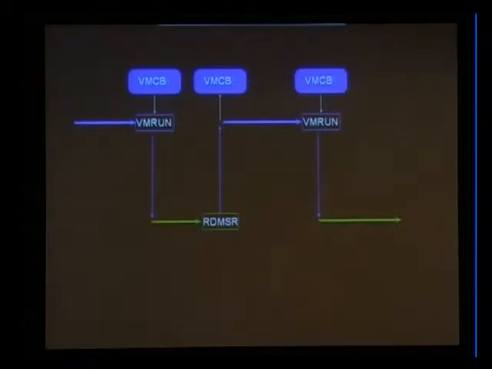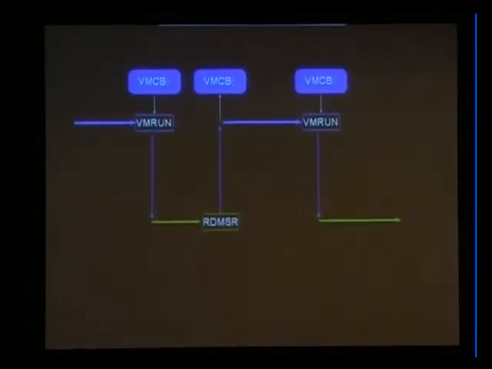The main instruction is called VMrun, and it takes a pointer to a VM control block as its argument. This control block stores the state of the guest which should be virtualized. When the CPU encounters the VMrun instruction, it stops the execution of the hypervisor and begins the execution of the guest until it meets some VM exit.